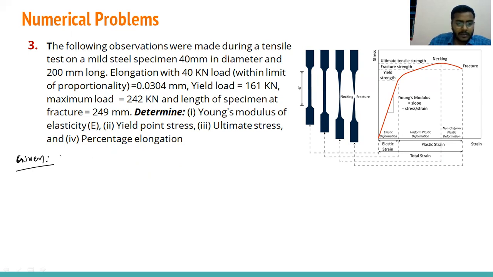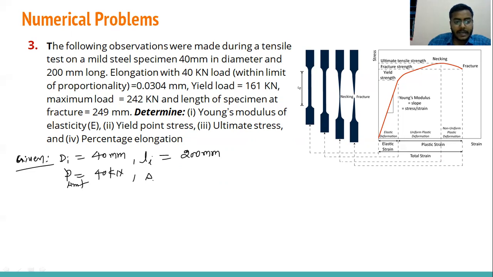So the initial diameter is 40 mm, and the initial length is also given, that is 200 mm. Elongation with 40 kilonewton load within the elastic limit of proportionality is given.